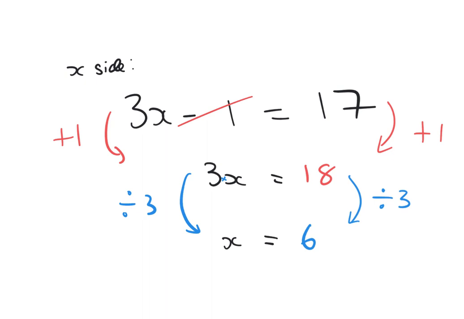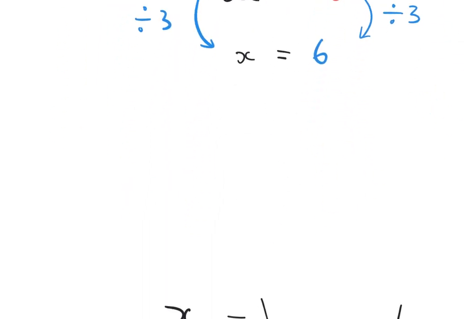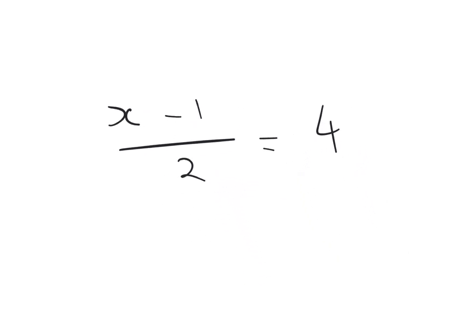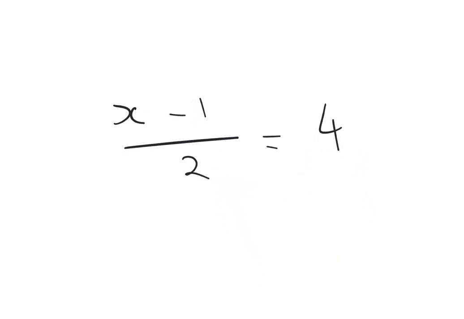Right? Got one final example to show, to help. And it's a bit of a whopper. Not an easy one by any means. Okay, we've got x subtract 1 all divided by 2 is equal to 4. The tricky part on this is knowing where do you start.